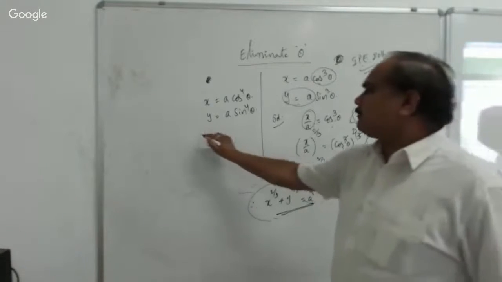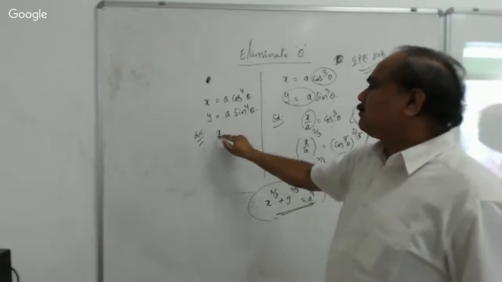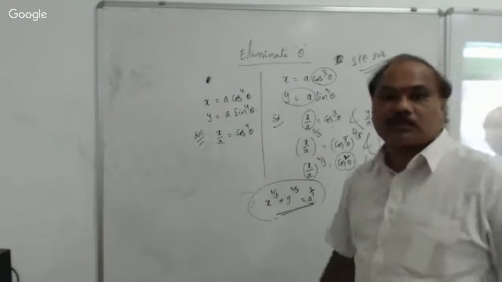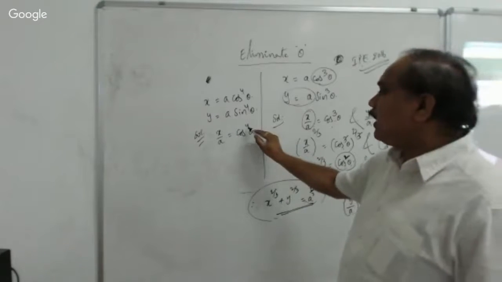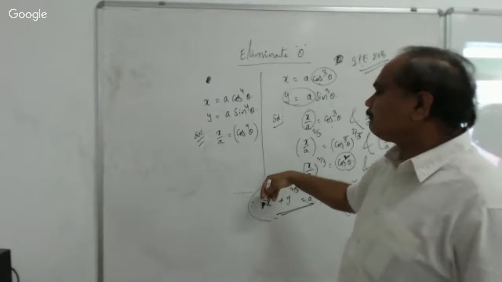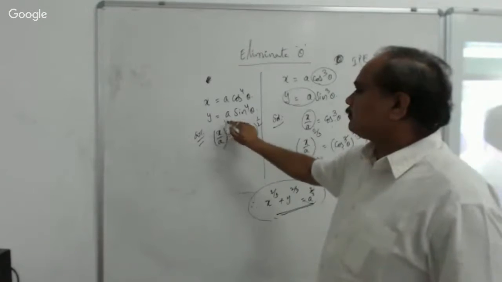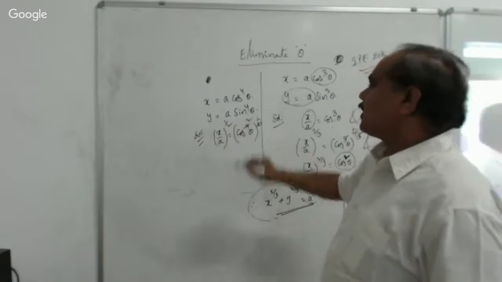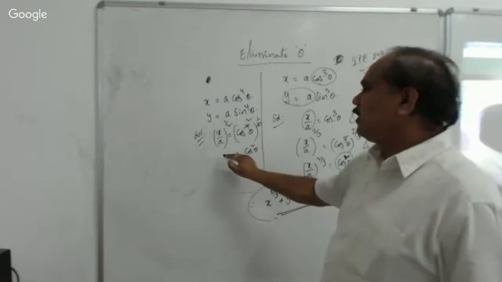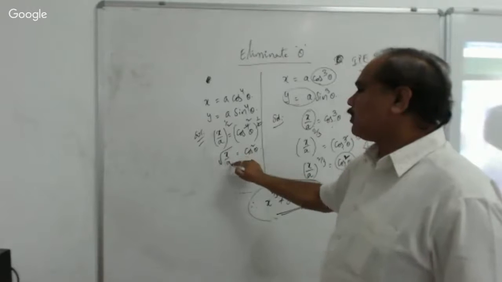Why? Because now x by a equal to cos theta raised to 4. Again we have to make a square here. That's why raise the power to 1 by 2. Therefore cos square theta equal to the square root of x by a.